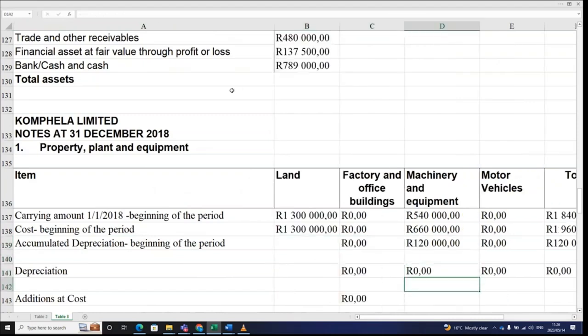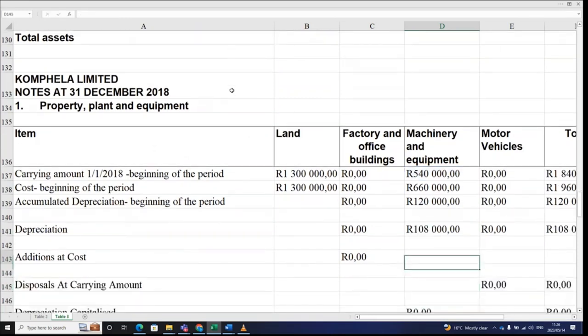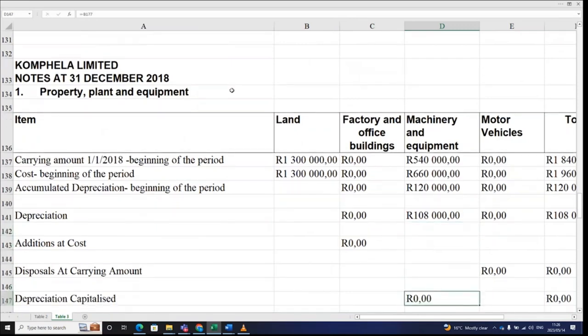Then the depreciation of this, since it's the reducing balance method, is multiplied by 20%. But since we now want to split the depreciation from the depreciation capitalized, we need to apportion this for the period where it was not being used to construct this asset.